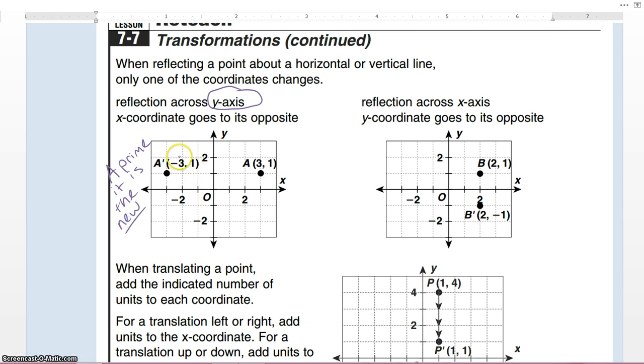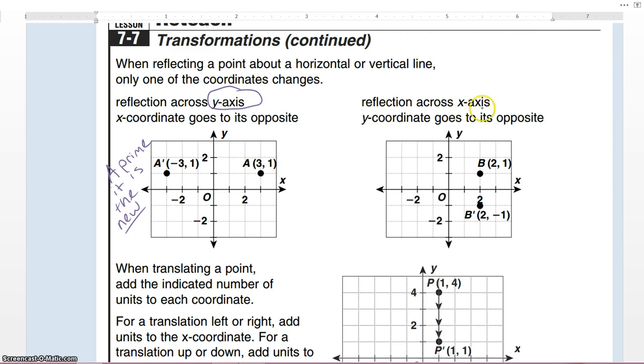So this one is the new. So we took A, which is 3, comma 1, and we reflected it across the y-axis. Notice, it says up here, the x-coordinate goes to its opposite. So instead of this being 3, comma 1, it's now negative 3, comma 1. So we reflected it across the y, which makes the x go to its opposite. The y stays the same.